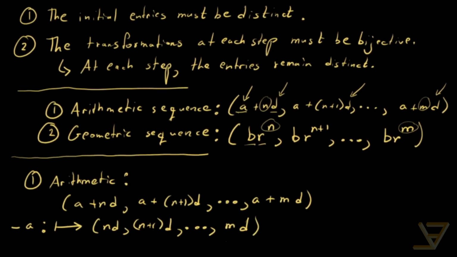We stated 2 general restrictions on the problem and on the method. One is the restriction on the problem is that the initial entries have to be distinct. And the restriction on this method for it to work is that the entries at each step have to remain distinct, which is given by the transformations at each step being bijective.